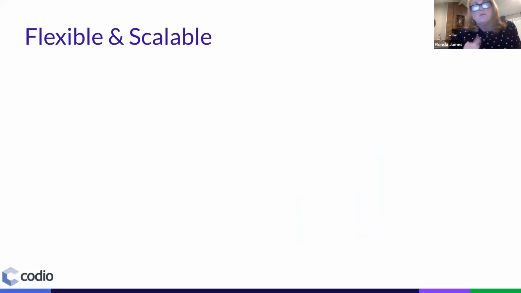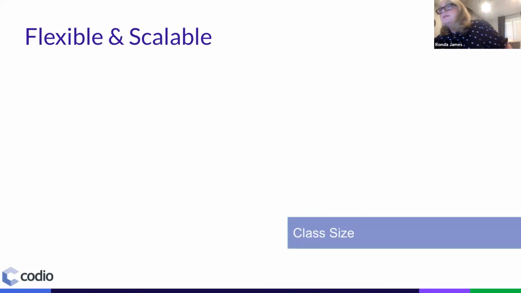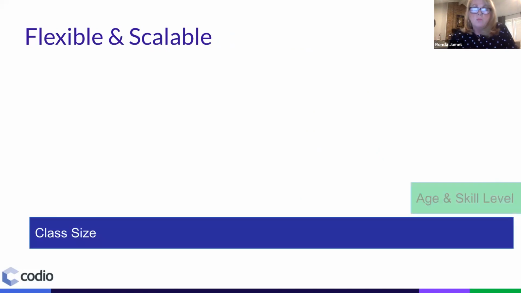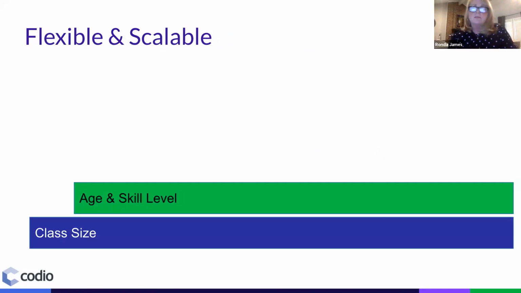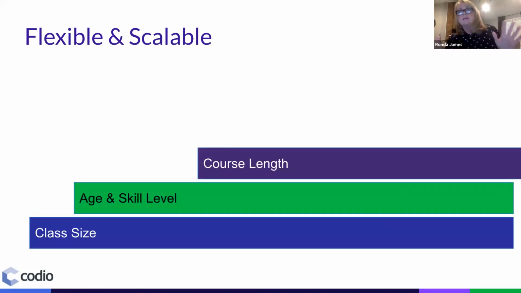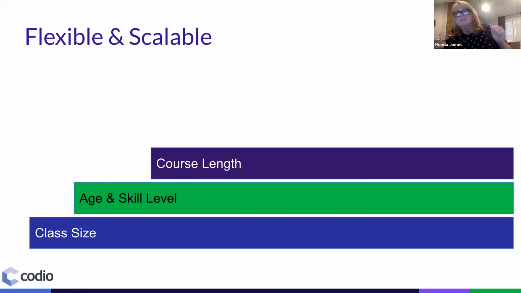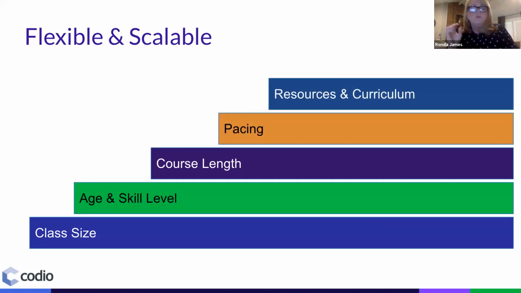One of the other really cool features that makes Codio special and extremely powerful is that it's flexible and scalable. Codio will work no matter what your class size is, large or small. It works for all skill levels and all ages. It doesn't matter what your course length is, because Codio can be modified. You can select the pacing; you manage that, you control that.